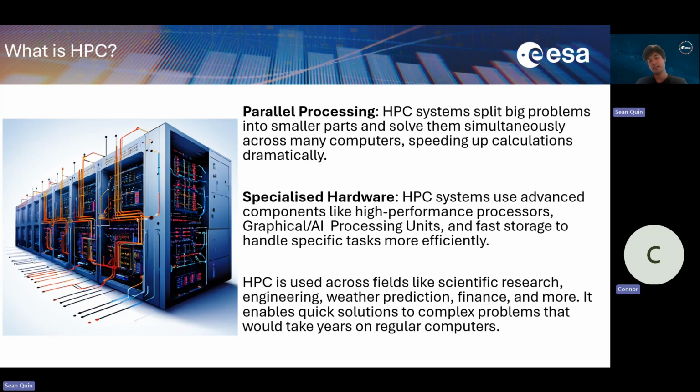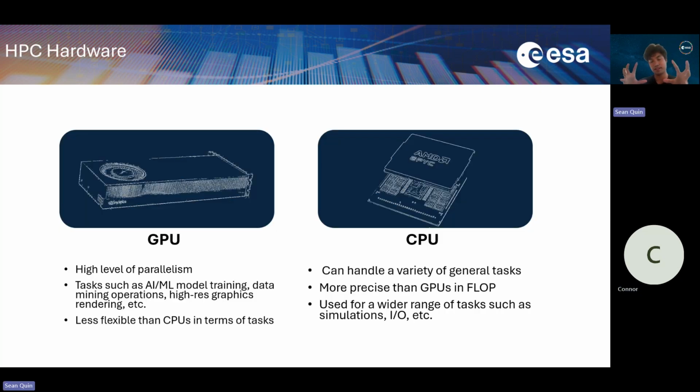So as I said, HPC uses specialized hardware. In case some of you are unfamiliar, you have your CPUs and your GPUs. CPUs can handle a wide variety of tasks that are more complex, that require more instructions, a lot of I/O-based interactions, etc. It also has a very fine precision on its floating point operations. Unlike GPUs, on the other spectrum of processing tools, you have a higher level of parallelism, so they have a lot of threads that aren't necessarily the smartest threads.